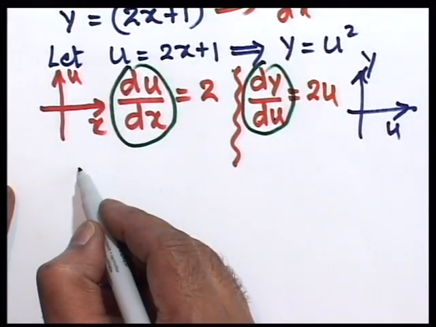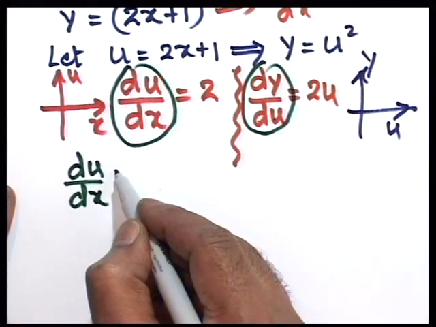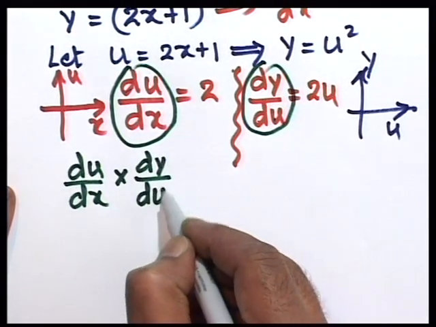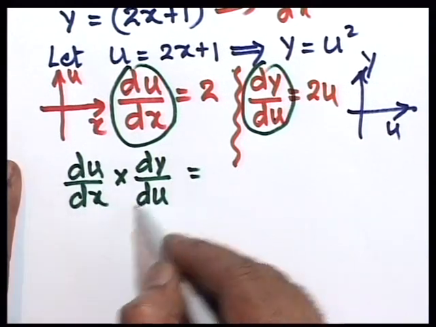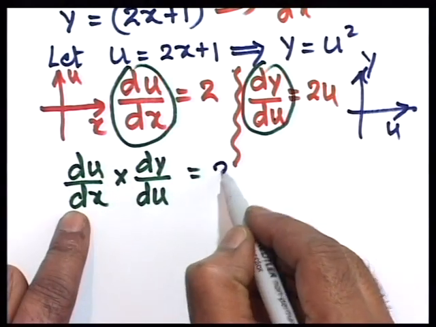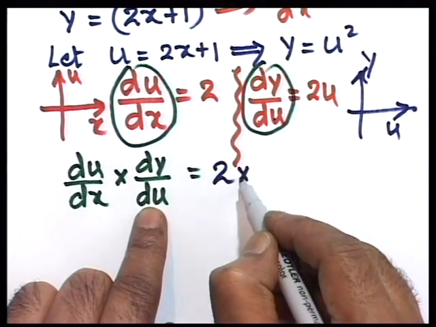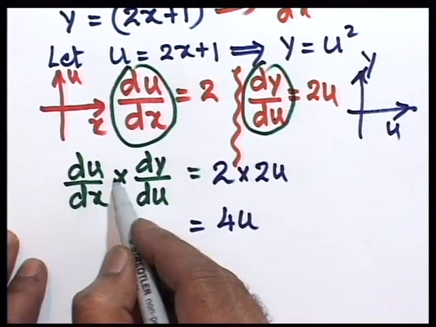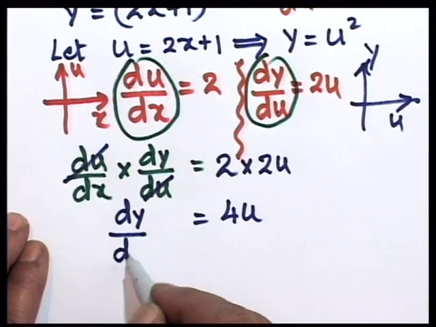I take du/dx, multiply by dy/du, and I get dy/dx, because those two cancel out. But I know du/dx is 2 and dy/du is 2u. So 2 times 2u gives me 4u, and on the left-hand side, those two cancel out, I have dy/dx.